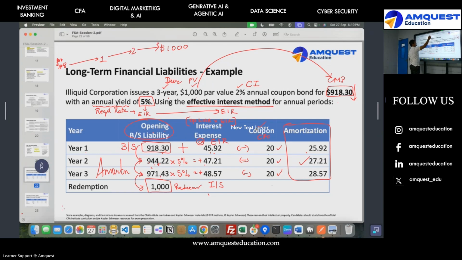In year 3, it became 1000. This value will go up because it is called amortization upwards, because this was at a discount. If it was at a premium, then it will have gone down. Clear? So a discount bond will amortize upwards. A premium bond will amortize downwards.